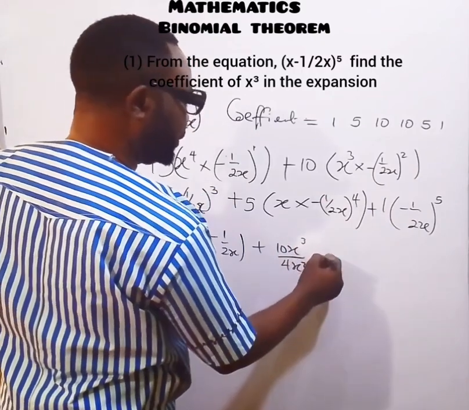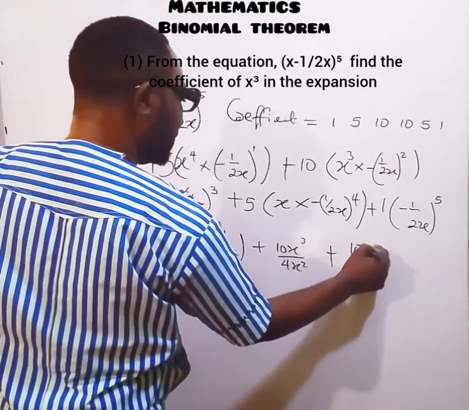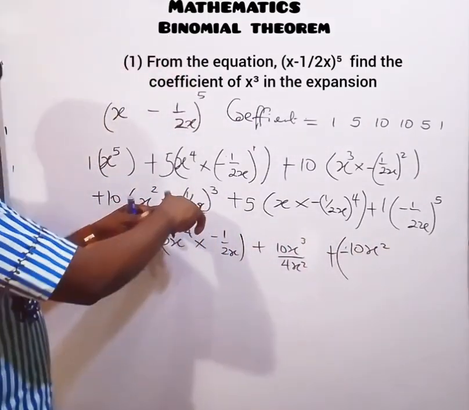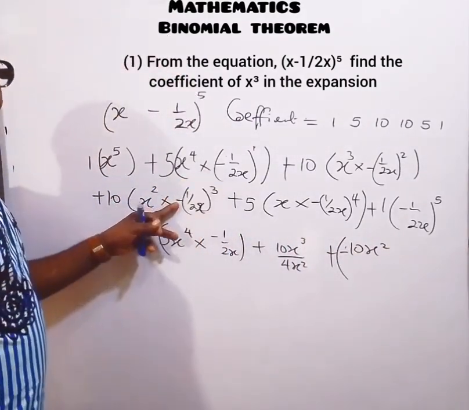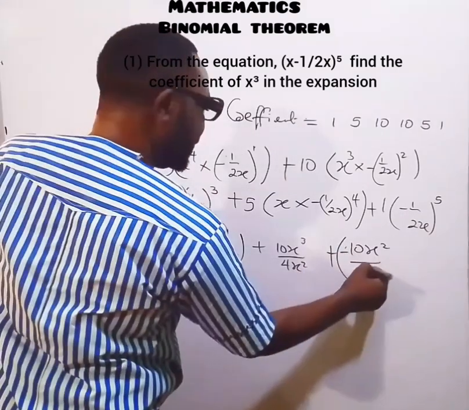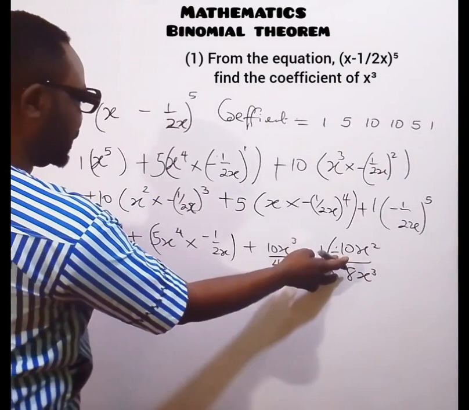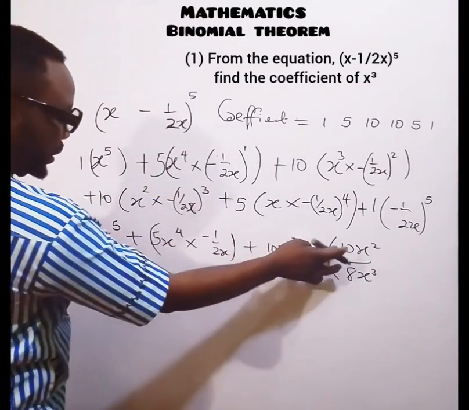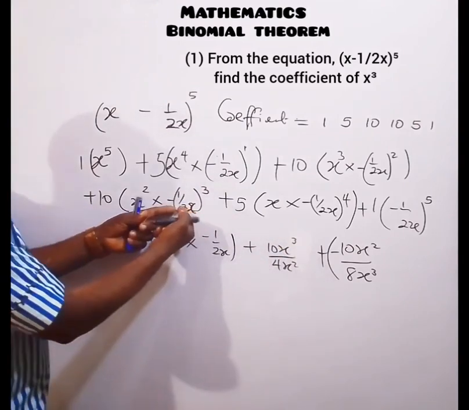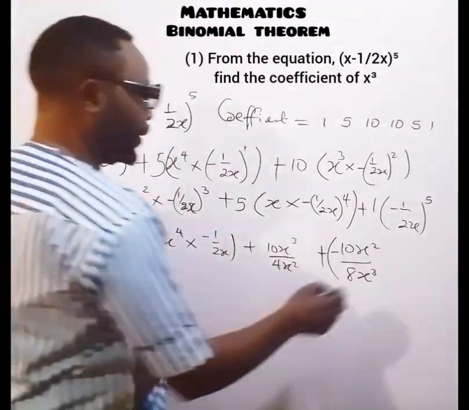Plus 10x raised to the power of 2 multiplied by the negative value, since it's raised to the power of 3, the negative value will reflect there, all over 2 raised to the power of 3, that's 8x raised to the power of 3. So we have 10x raised to the power of 2 over minus 8x raised to the power of 3, because this value here is 2x, and 2x raised to the power of 3 will be 8x raised to the power of 3.